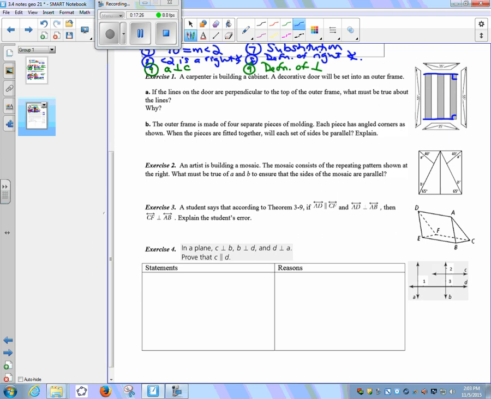And if you know two things are perpendicular to the same line, then these two would have to be parallel, that kind of thing. So that should help you solve some of these problems here.